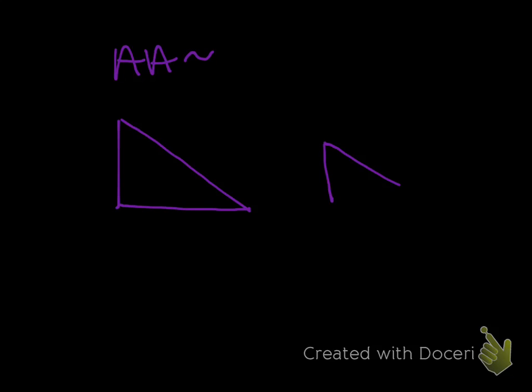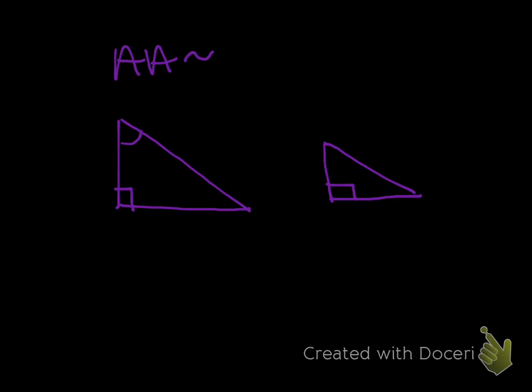Remember we talked about triangle similarity. If you had two angles, not sides, two angles that were congruent, that meant that the triangles were similar. So if I have two triangles and they're right triangles, they're not the same size, right?